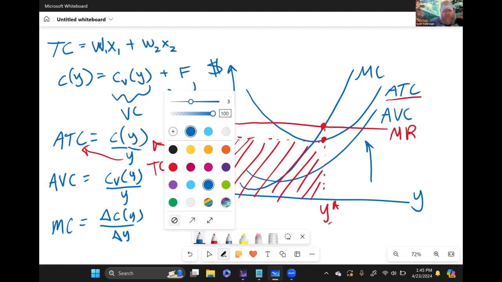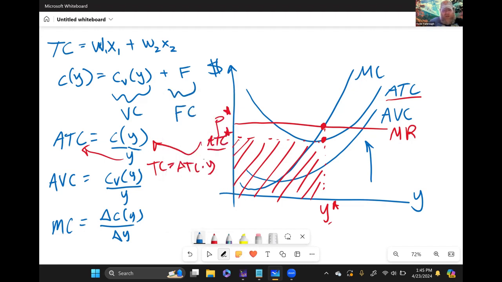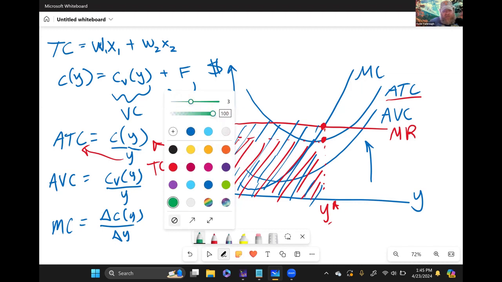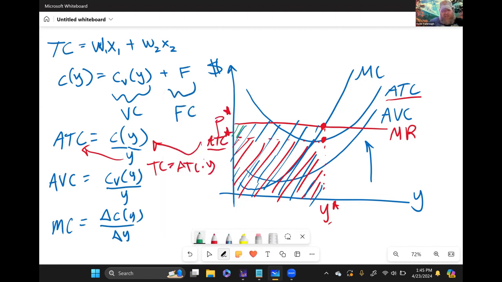And so I'm going to draw the blue in here. So total revenue is here. So it's that sort of bigger rectangle. And then the difference between those two is going to be profits, which I'll label as green for obvious reasons. And so those are profits.